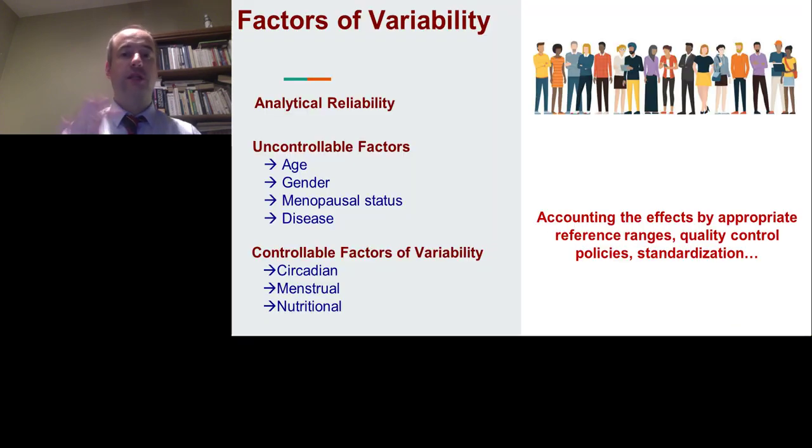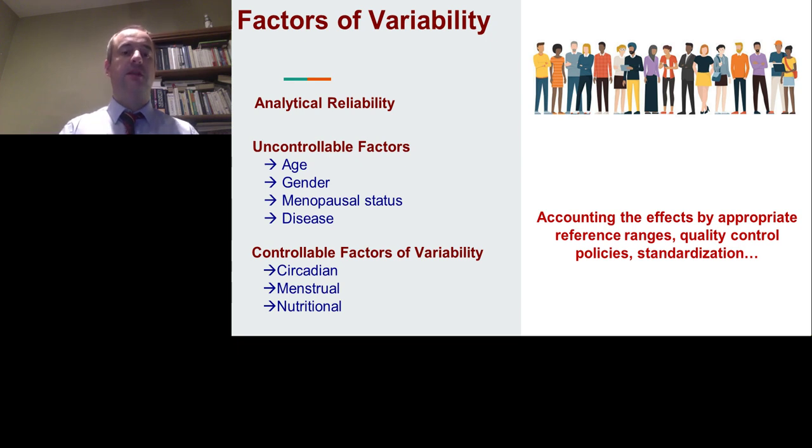What could be the factors of variability? We have the analytical factors: the imprecision and the sensitivity of the test. We have factors that we have less ability to control, uncontrollable factors like age, and we know that we need to adjust the reference values for thyroid function tests at extreme ages, like in pediatrics or in elderly people.